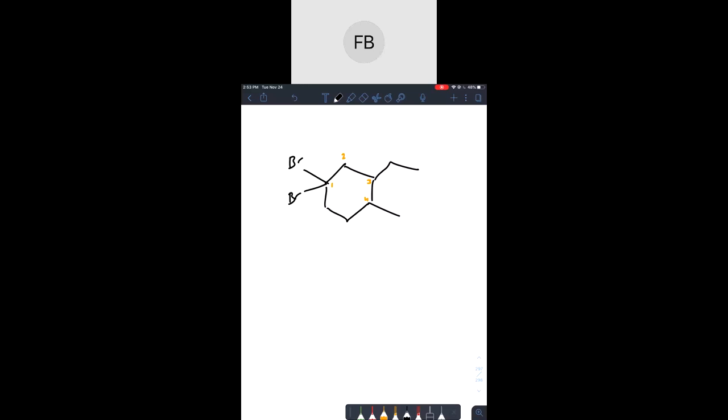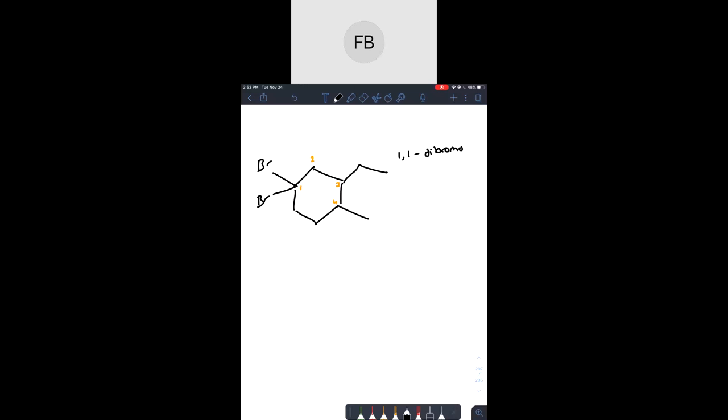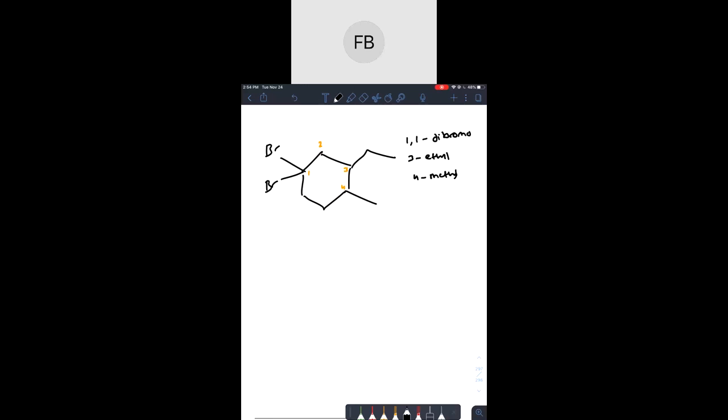So then let's just go ahead and name it. As you know from naming, I like to do a list first. So I'm going to start out with my 1,1 dibromo, and then I'm going to have my 3 ethyl and my 4 methyl. And also there's the cyclohexane.